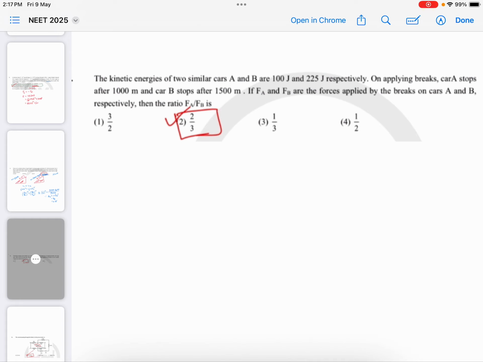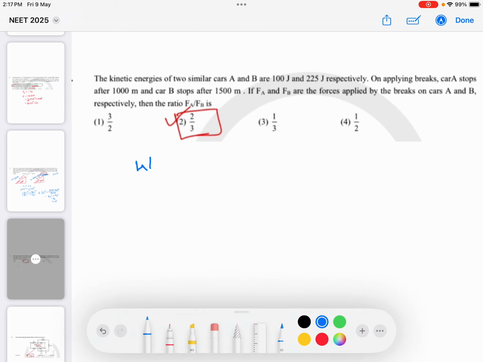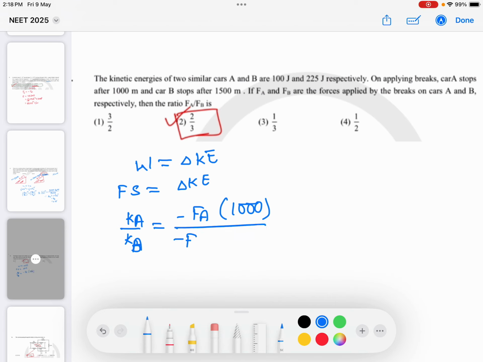So according to this question, it belongs to work energy power. I am taking the work energy relation. Work done is equal to change in kinetic energy. Work done is nothing but force into displacement, which is equal to change in kinetic energy. So for this case, kinetic energy A divided by kinetic energy B can be taken as minus FA into displacement 1000 divided by minus FB into 1500.